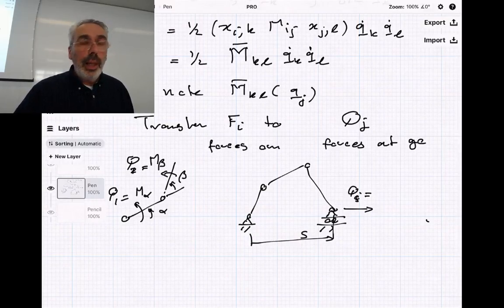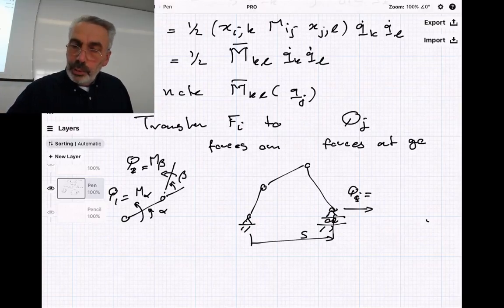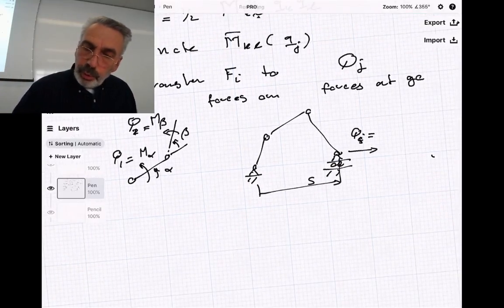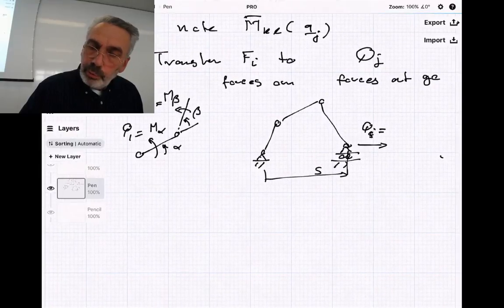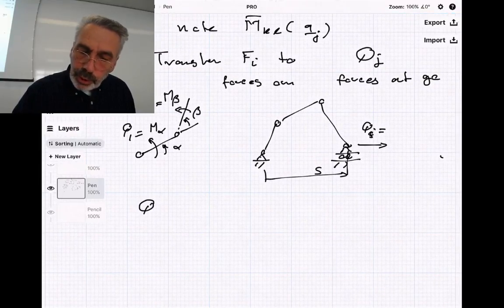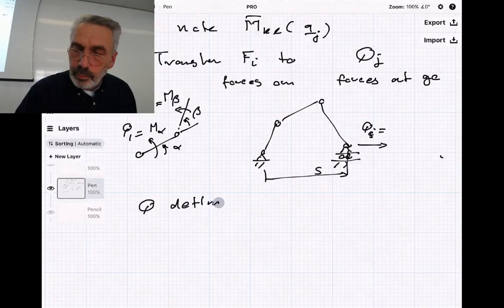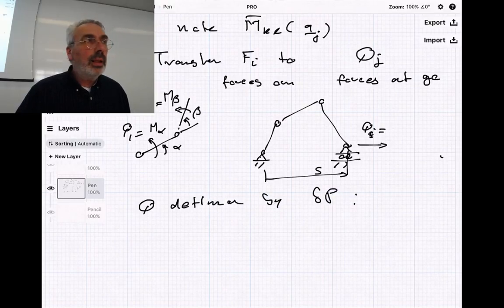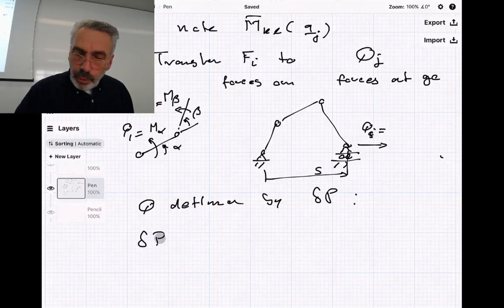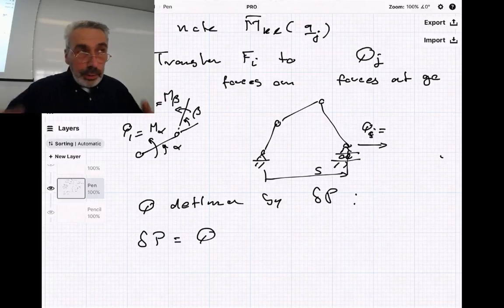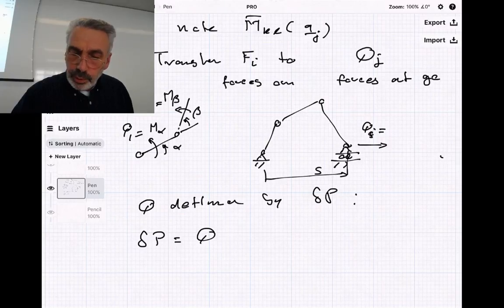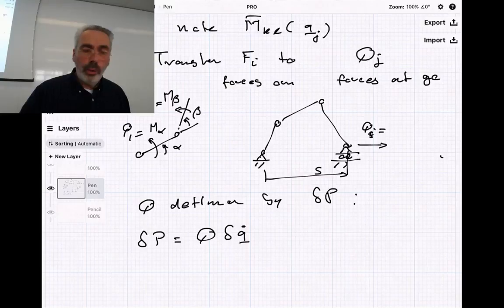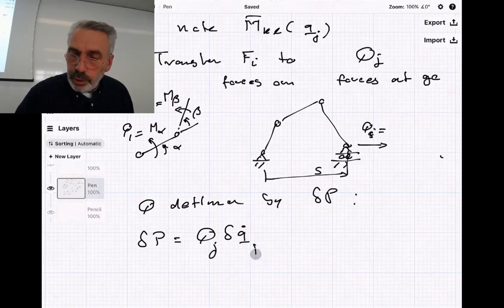And why are they such? Well, because of energy. Q is actually defined by virtual power in the following manner: the virtual power of that generalized force should be this, for all generalized coordinates.